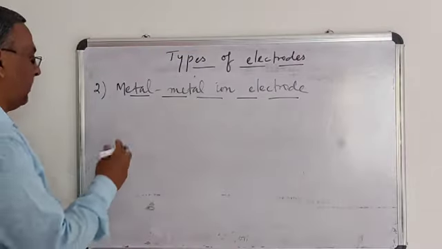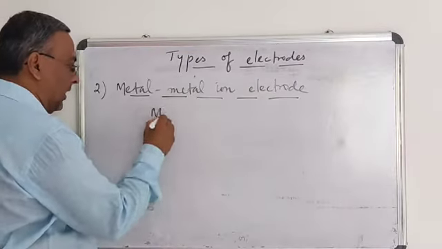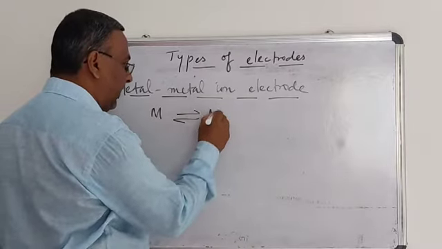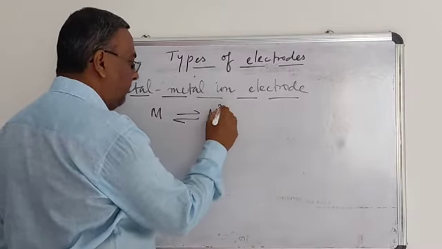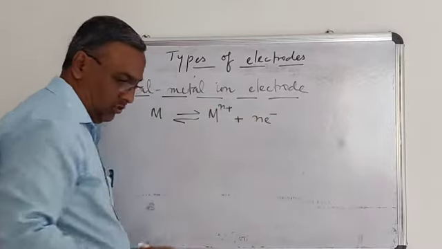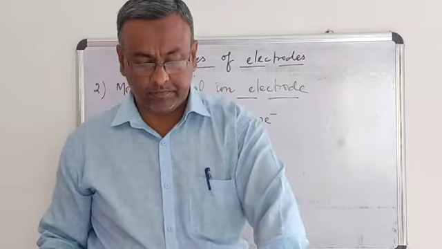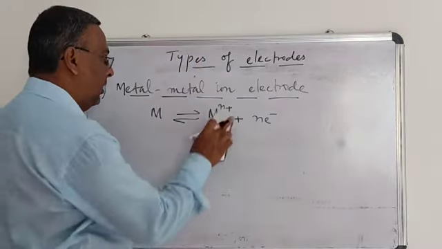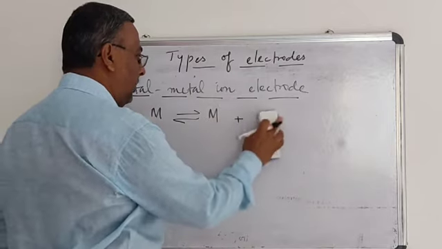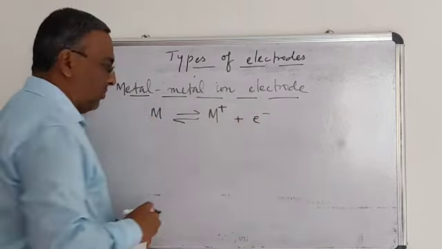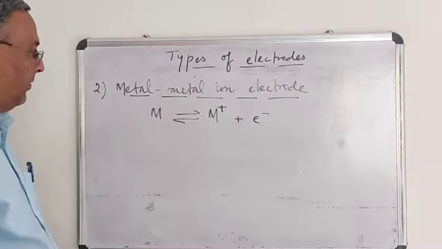For example, a metal M is in equilibrium with M n plus plus n electrons, or we can say M is in equilibrium with M plus plus electron.